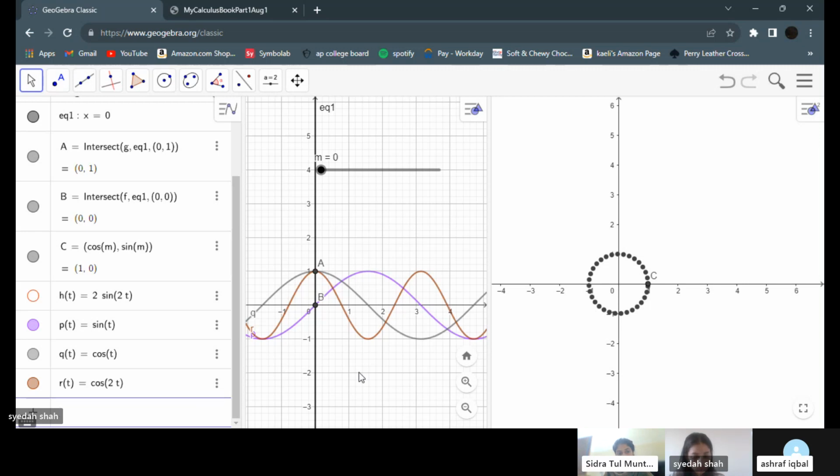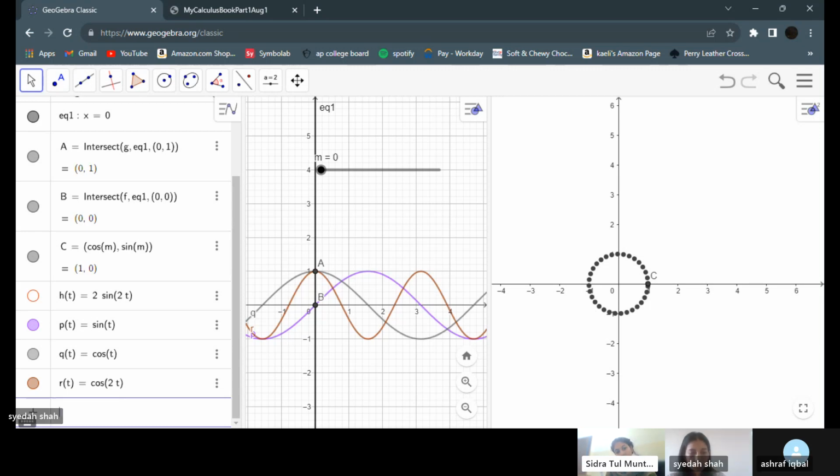So this cos 2t, you have taken the derivative of 2 sine of 2t. Okay, there is a command in GeoGebra, you can just write the prime, like to write h prime of t.